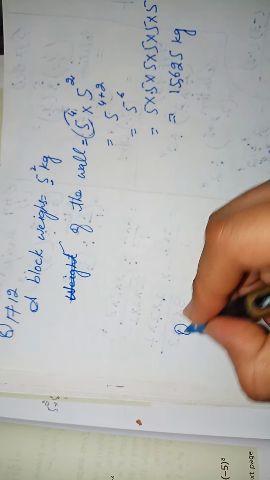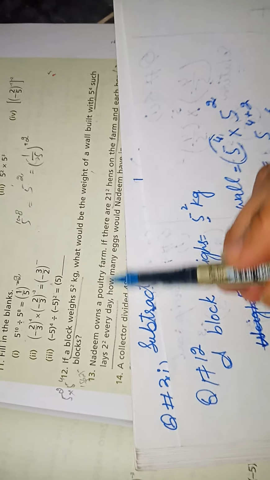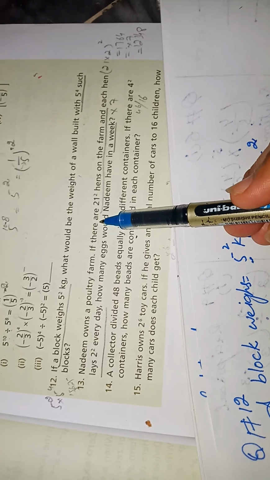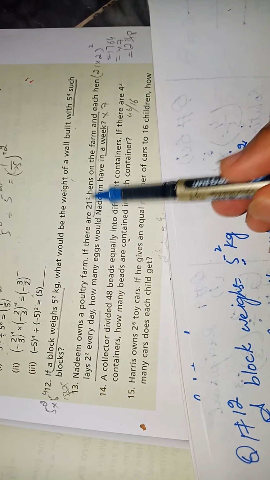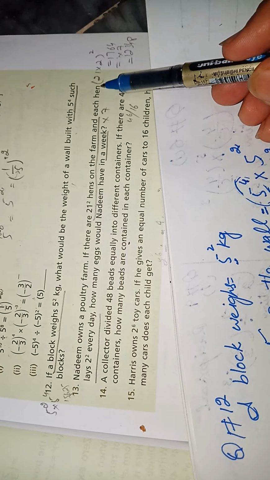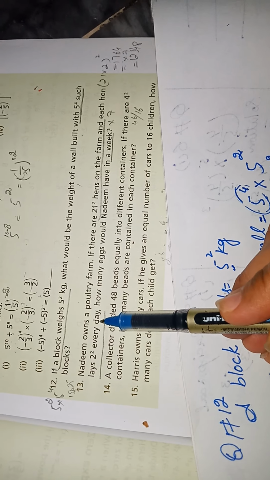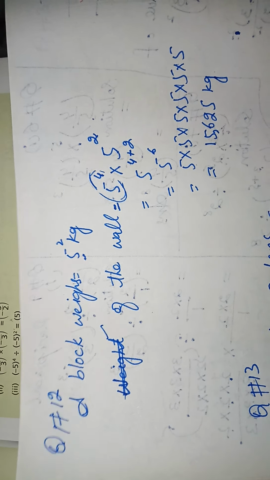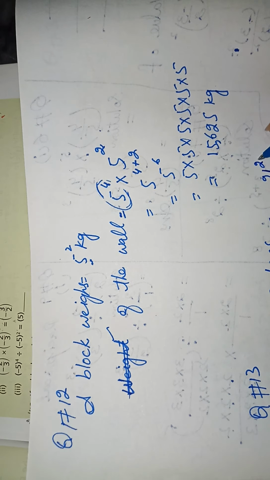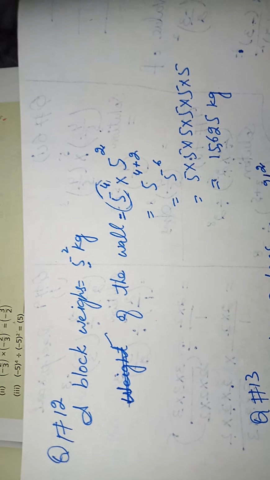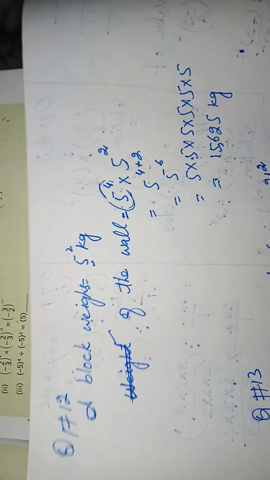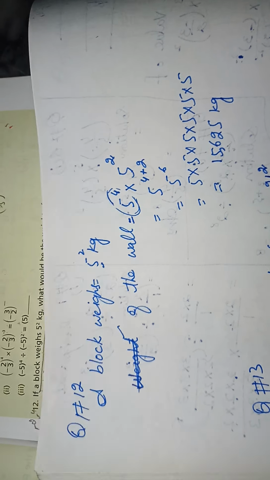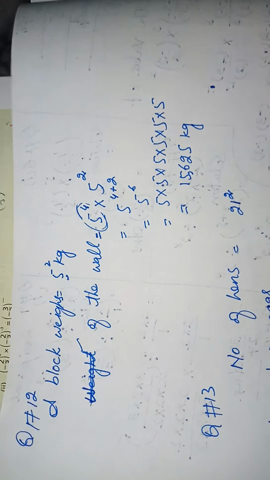Now come to question number 13. Nadeem owns a poultry farm. If there are 21 raised to power 2 hens on the farm, and each hen lays 2 raised to power 2 eggs every day, how many hens are there? 21 raised to power 2 hens lay eggs.